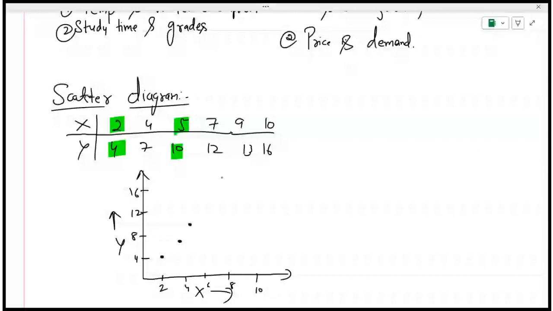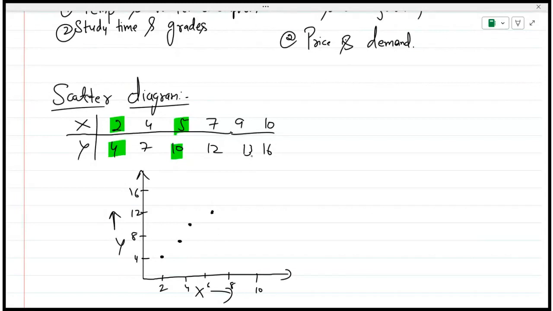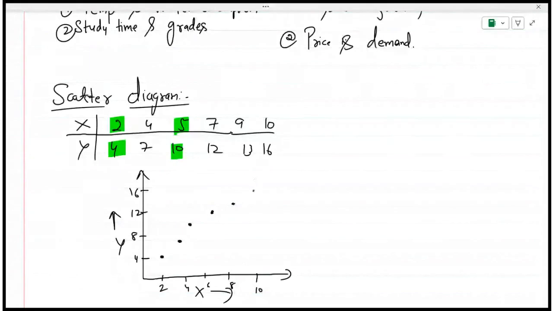Then x is 7, y is 12. So this is the point. Then 9 and 13, somewhere here. And then 10 and 16, somewhere here. So this is called a scatter diagram.